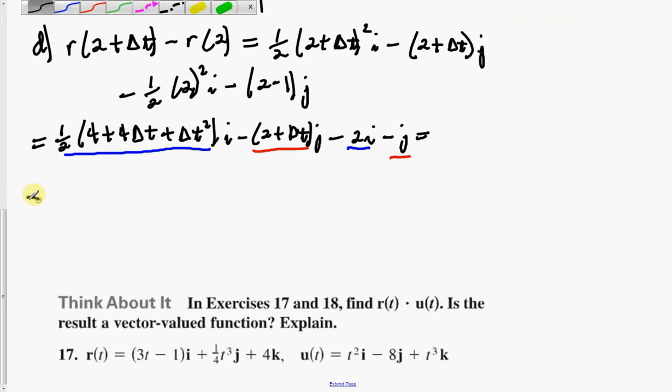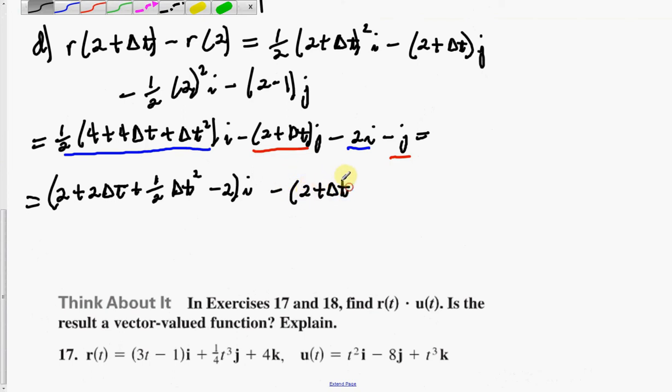So let's do just a little more simplification. 1/2 ran through there as 2 plus 2 delta t plus 1/2 delta t squared. I'm going to bring in this minus 2, all that I, and then minus 2 plus delta t for the j, and then minus 1 for that j.